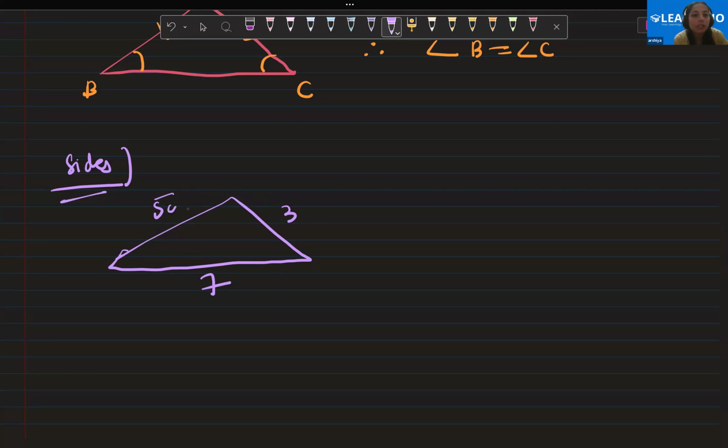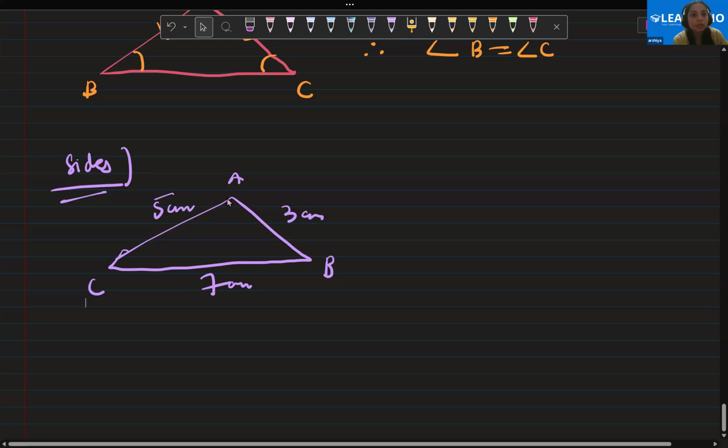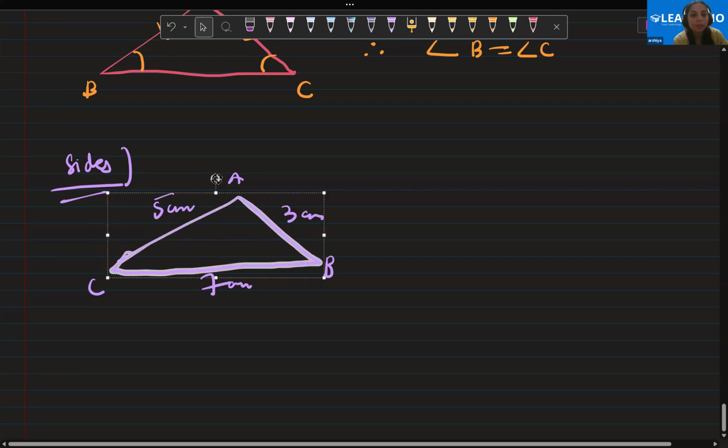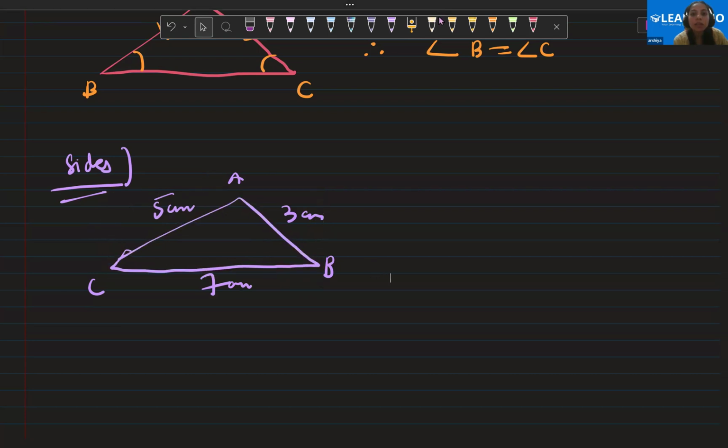The measurements are 5 centimeter, 3 centimeter, and 7 centimeter. This is triangle ABC. When I add two sides, it should be bigger than the third one. First, 5 centimeter plus 3 centimeter should be greater than the remaining side, 7 centimeter.